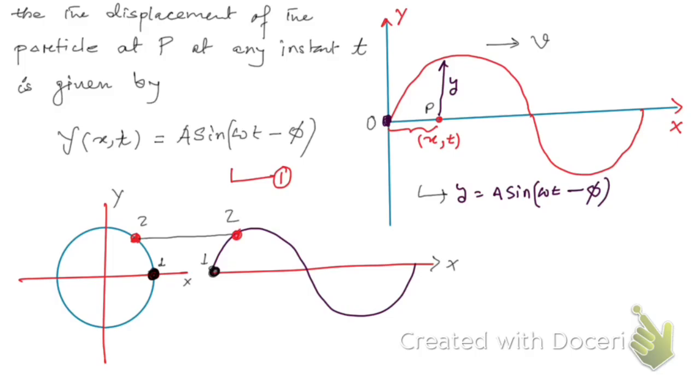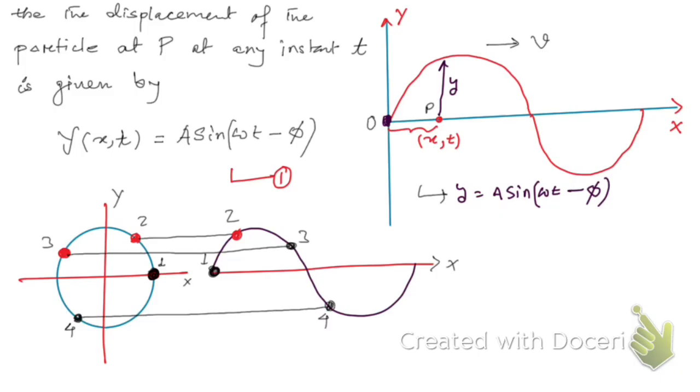Similarly when this particle executing simple harmonic motion, which is in uniform circular motion, is at this position, let me mark it 3, then we can compare this particle with this position. Similarly when it will be at this position, let me mark it 4, then we can compare this point with this.